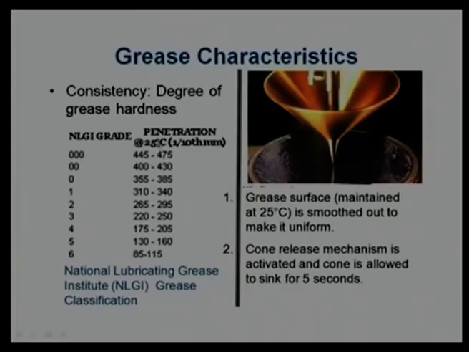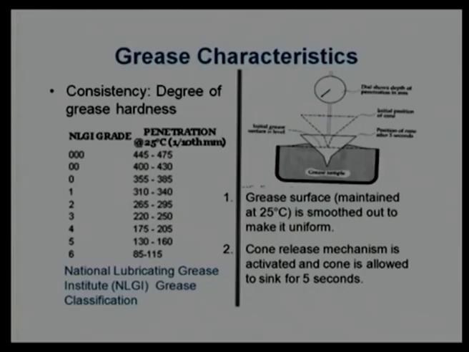This penetration experiment is done at 25 degrees centigrade, and this number signifies 1/10 of a mm. Within 5 seconds, if you are using this grease, the cone will penetrate up to 44.5 mm. The maximum is 47.5 mm. The cone will fall within the grease up to this level.